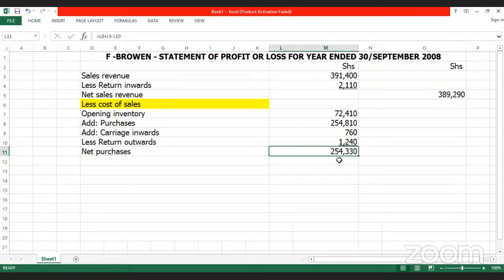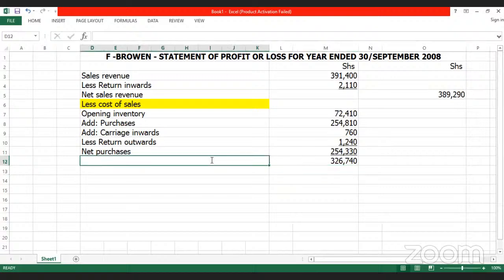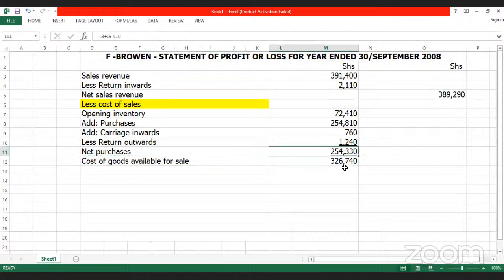Then when I get the opening inventory, I add my net purchases figure. Then we get what we call the cost of goods available for sale, and that is 326,740.